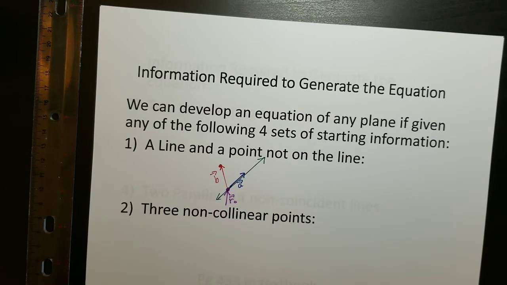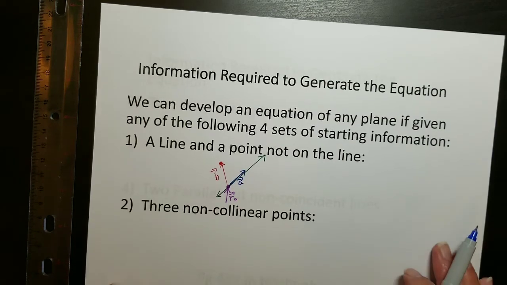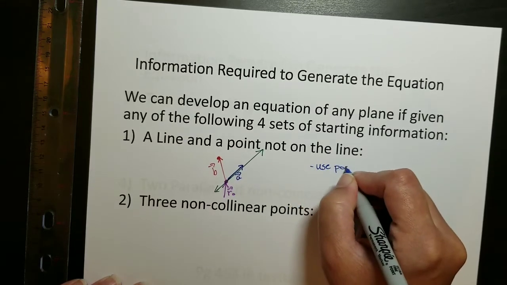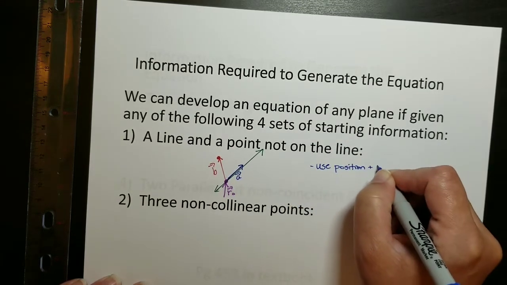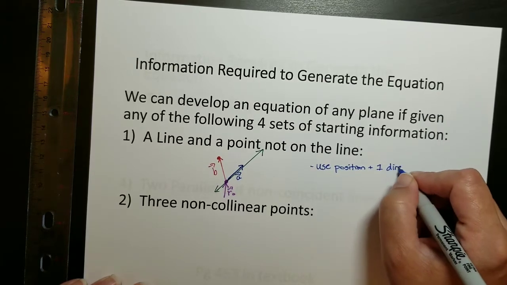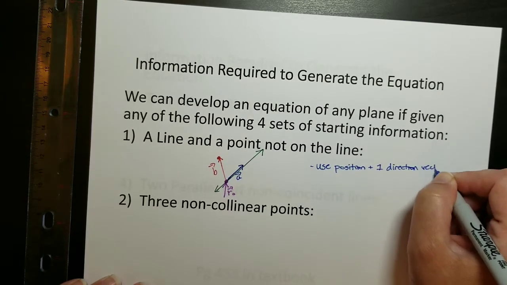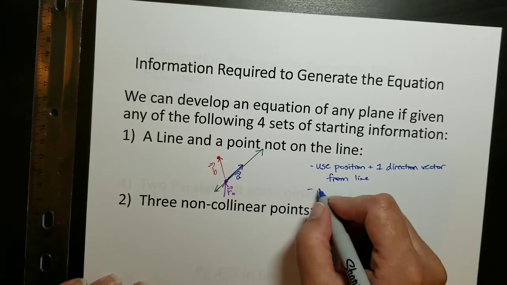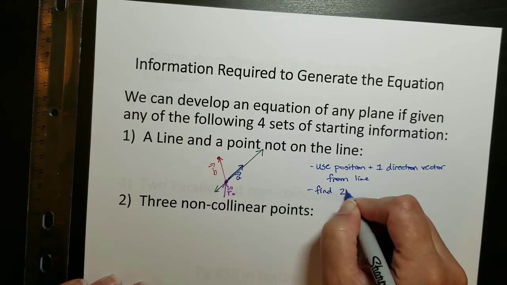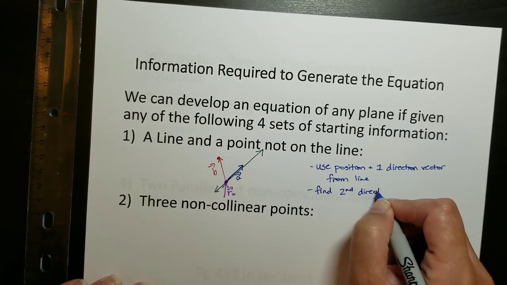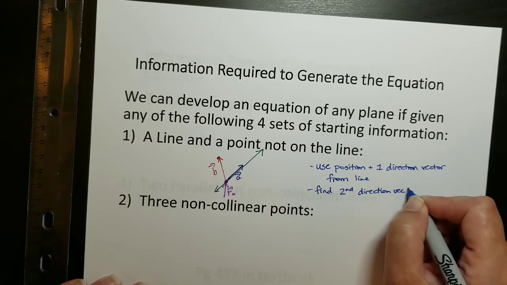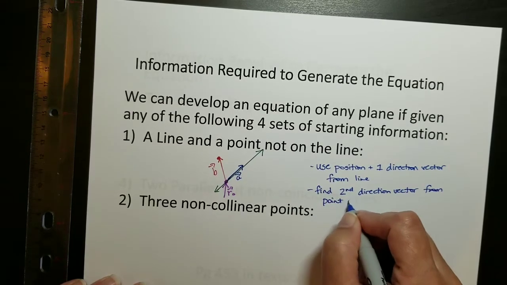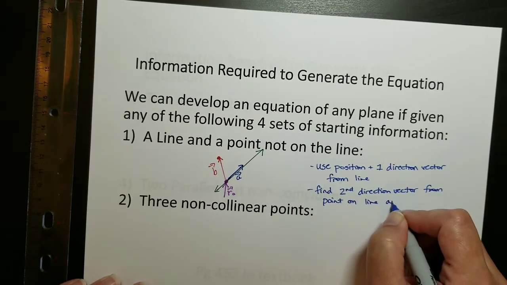Okay, so use the position and one direction from the line, and find the second direction vector from a point on the line and the other given point.